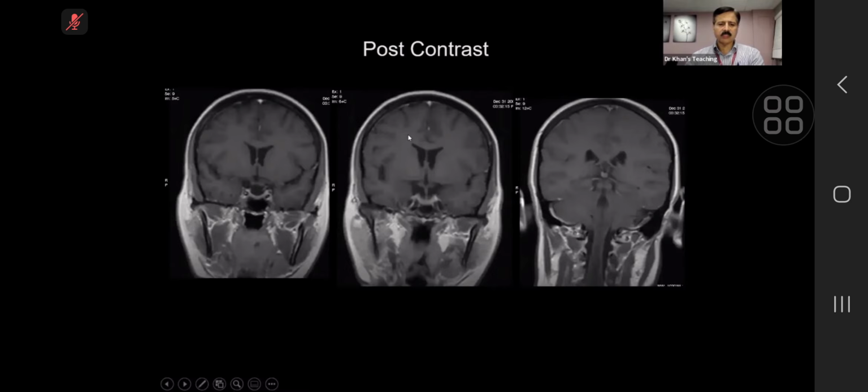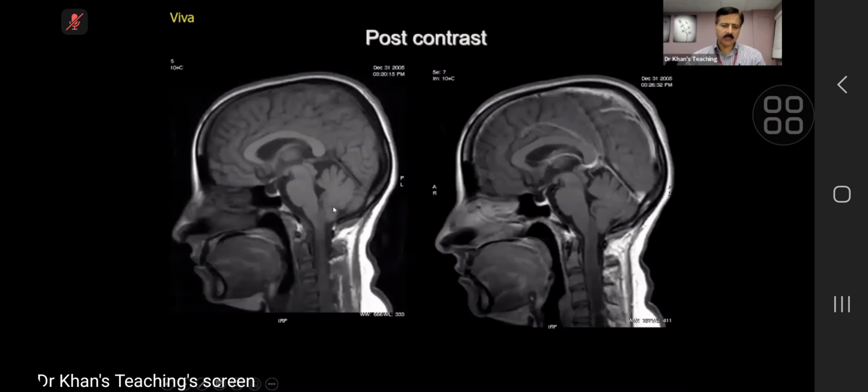Then, other than dura, wherever there is no blood-brain barrier, there will be enhancement. For example, pituitary, there is no blood-brain barrier there, it will enhance. This is the anterior pituitary, this is the infundibulum, it will enhance. Pineal will enhance. At times, pineal enhancement is slightly delayed, but it can normally enhance.